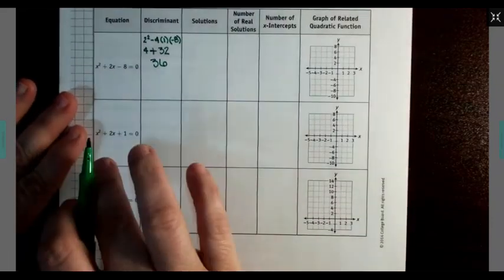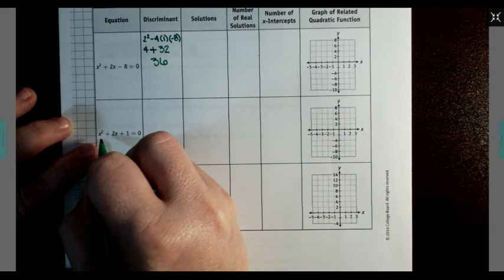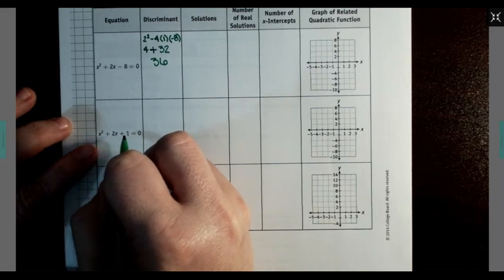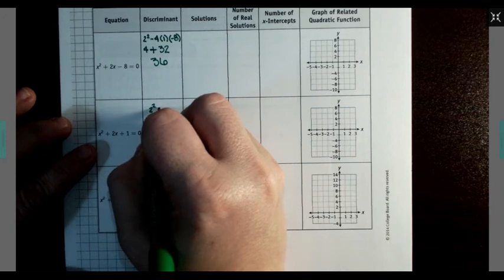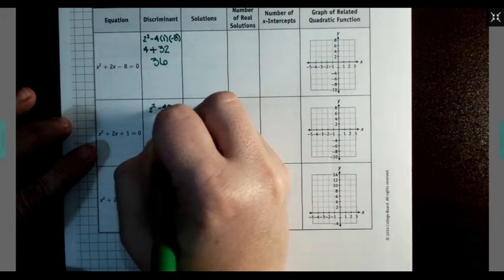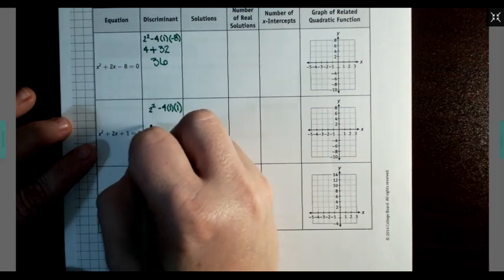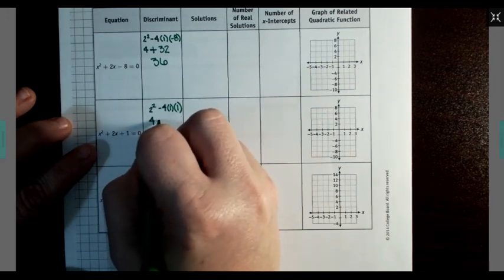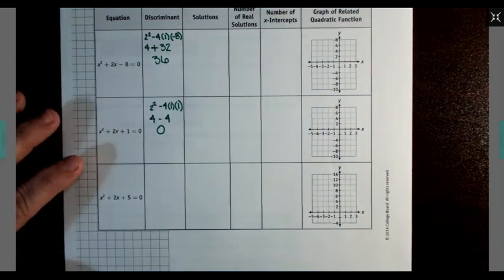Let's take a look at the discriminant of this one. We have x squared plus 2x plus 1. So we're going to have 2 squared minus 4 times 1 times 1. So this is going to be 4 minus 4, which is 0.